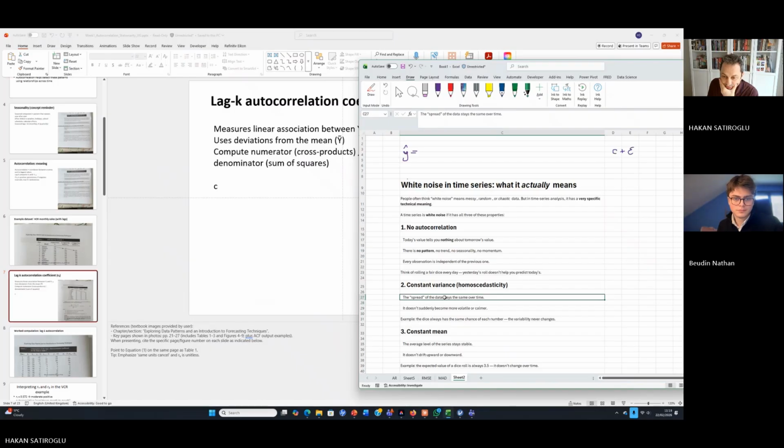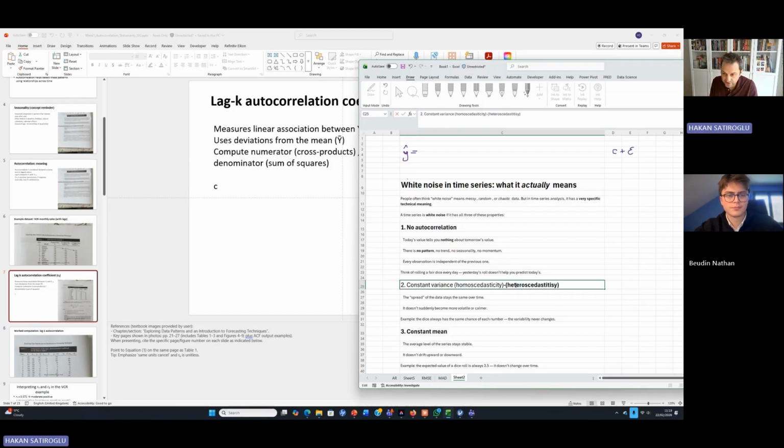I think in your analysis you did ANOVA and checked heteroskedasticity, something like that. Maybe you may remember that one.